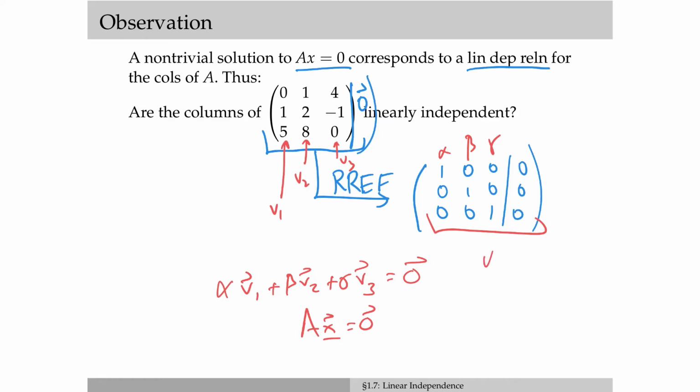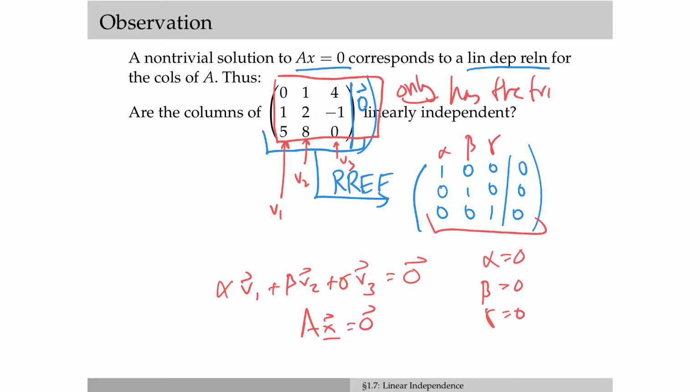This is telling me explicitly that alpha is 0, beta is 0, and gamma is 0. So in other words, this original system only has the trivial solution. If it only has the trivial solution, then the columns of this 3 by 3 matrix must be linearly independent. So the columns are linearly independent.